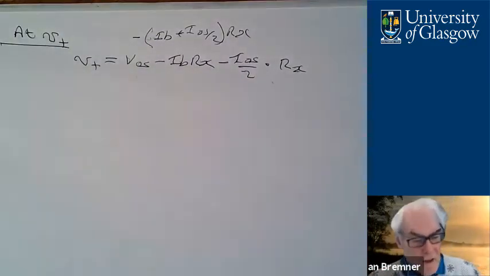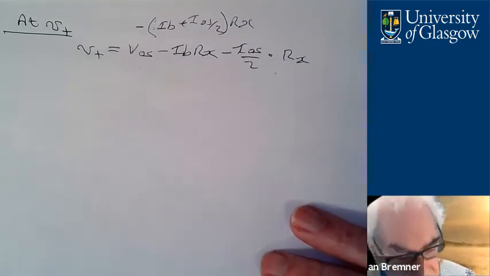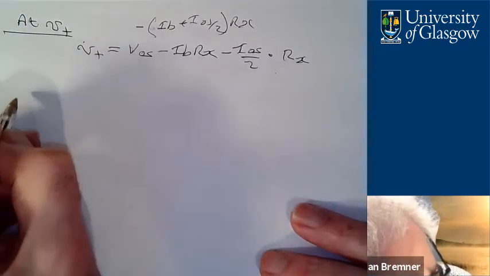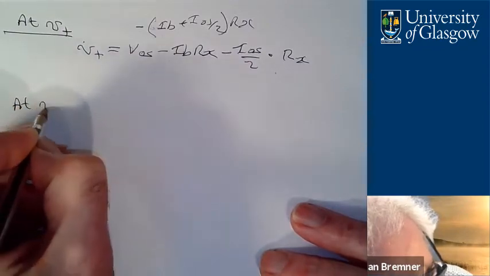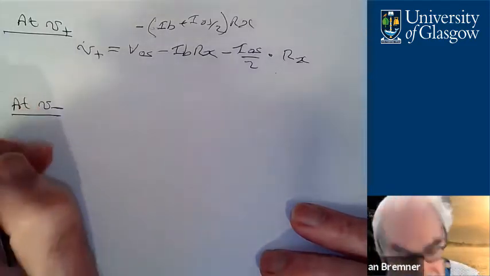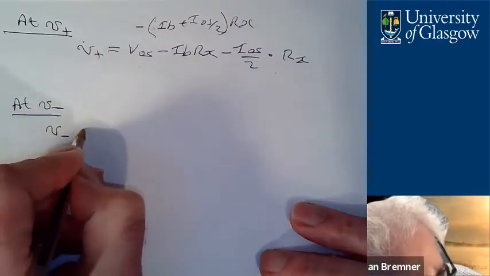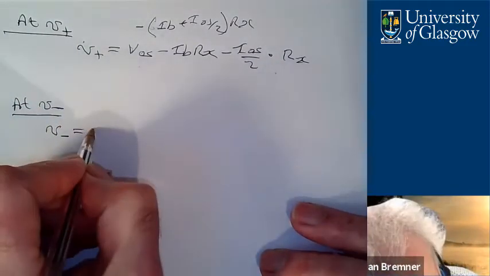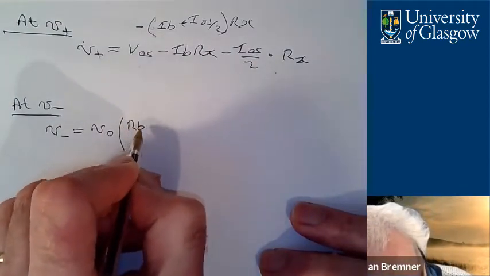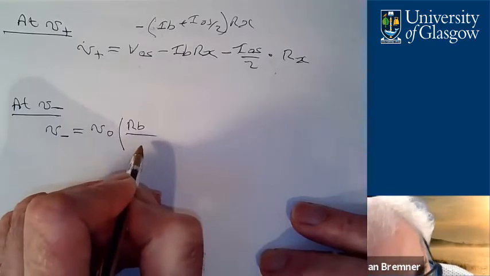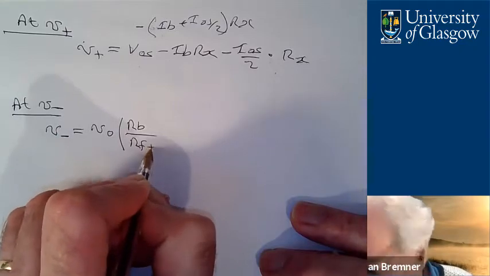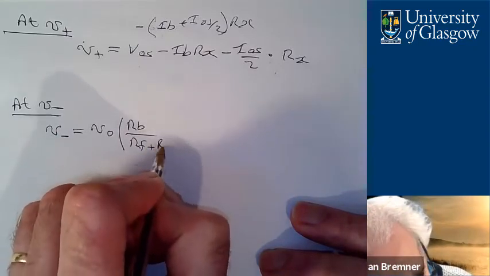Okay. I will try not to move things too much. So we've got V plus, and now we can do V minus, and we do exactly the same thing, but we calculate the voltage at V minus. V minus equals the voltage at the output times RB over RF plus RB.